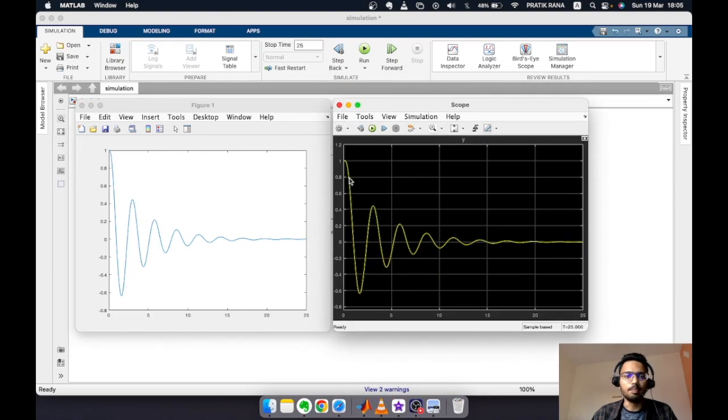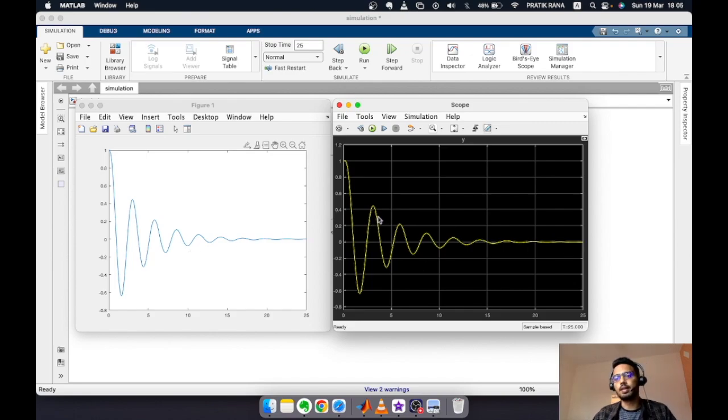So as we can see, both plots are exactly identical. We have the initial point as 1, and then there is an undershoot which goes beyond minus 0.6, and since of course it is a second order system, there will be some oscillations at the starting which get damped out at the end, and then we see that the final value of y settles down to a steady state value of 0.